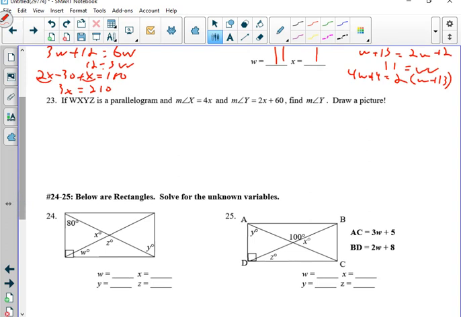Hey, W, X, Y, Z. W is 4x. Y is 2x plus 60. Again, consecutive or supplementary.